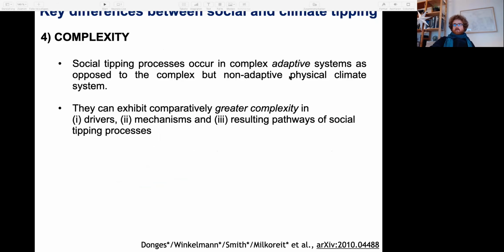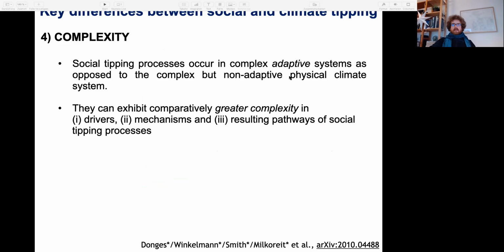Finally, this is of course related to the topic of this conference very much. Social tipping processes occur in complex adaptive systems as opposed to the complex but non-adaptive physical climate system. The ecological systems are here again somewhat an intermediate case, and they can exhibit comparatively greater complexity in the drivers, the mechanisms, and the resulting pathways of social tipping processes.